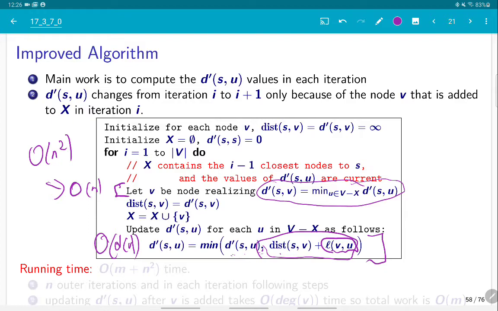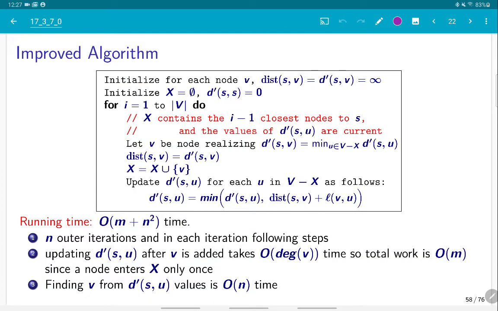Every vertex pays its degree at most once, so it's a total sum of degrees, which means that it's O of m. Another way of saying it is that every edge is going to be visited only once, because we're in a directed graph. So overall, the running time we are going to get is m plus n squared.